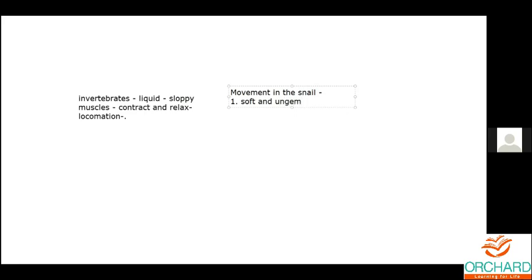What is called segmented and unsegmented? Is the earthworm segmented or unsegmented? Very good. They have the divisions. Snail is unsegmented, okay. And earthworm? What about the earthworm?